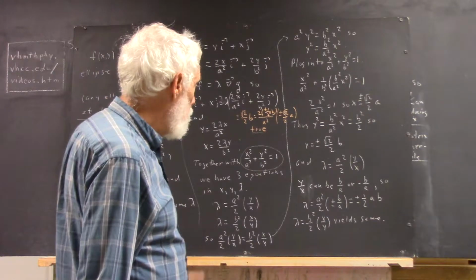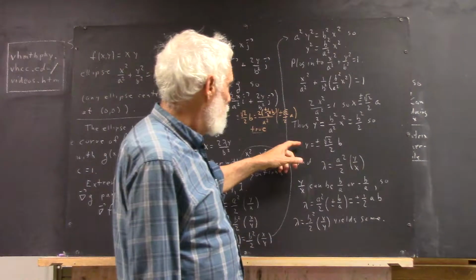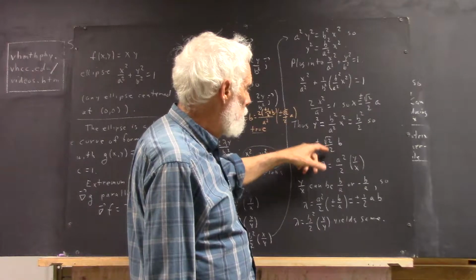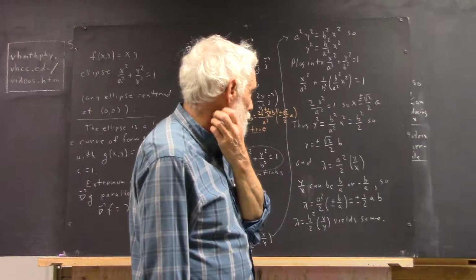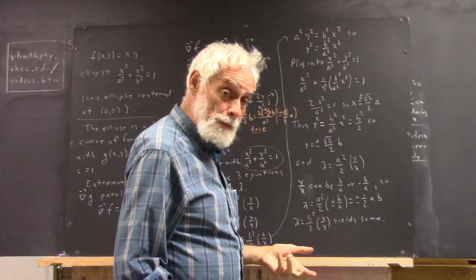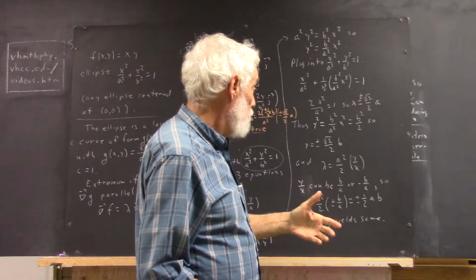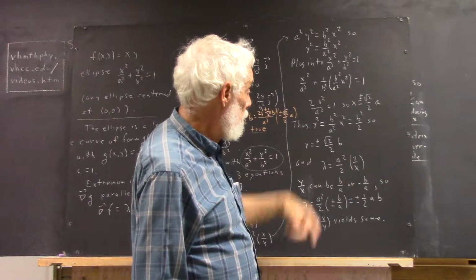Well, what's y over x? Well, y is plus or minus square root of 2 over 2 times b, and x is plus or minus square root of 2 over 2 times a. It doesn't take a lot to determine that y over x is going to be plus or minus b over a.